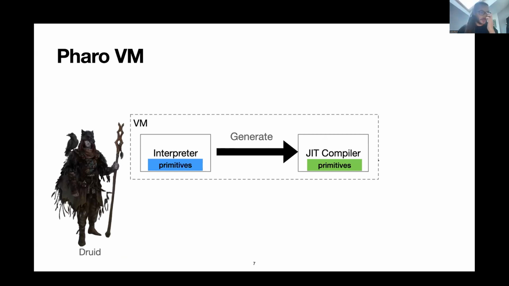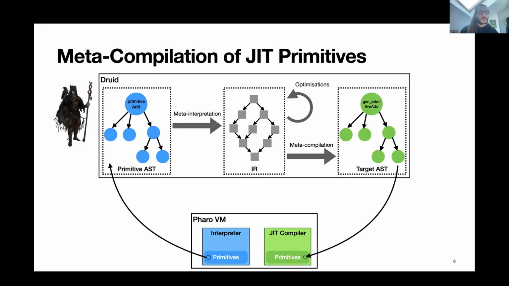This is part of my PhD, which I'm starting next month. Okay, and we start by generating the primitives of the language. The idea is that both the interpreter and the sheet compiler are written in Pharo, so the primitives in both cases are methods, different kinds of methods that perform differently.